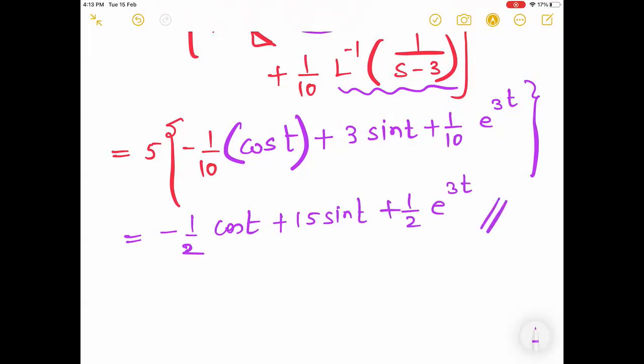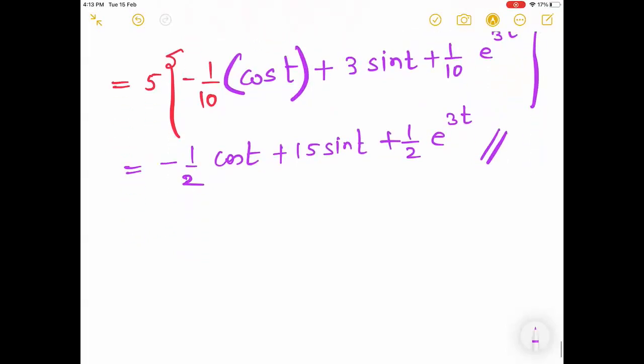That is the final answer in terms of t. Okay, shall we move ahead? So how to get the inverse with the partial fraction form, that is the important thing while solving the differential equation. Now let us see one or two differential equations.